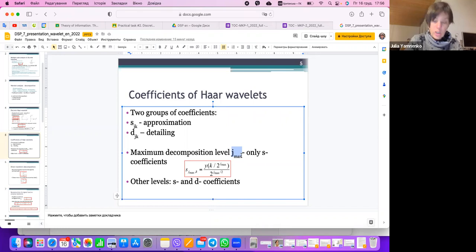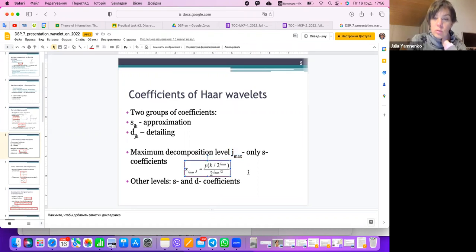Only approximation coefficients. And here on the slide, you can see a formula for how to calculate these S coefficients at the maximum level of decomposition. You can see that in the numerator of this formula, in the upper part, we have only values of the original function, because our J is the original signal that we are going to analyze.